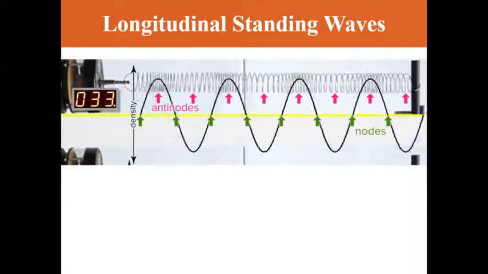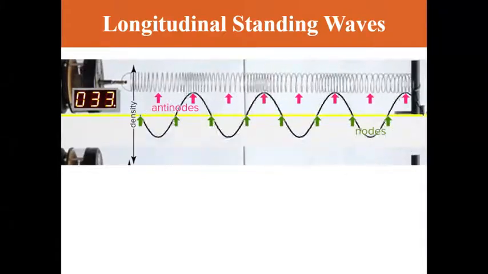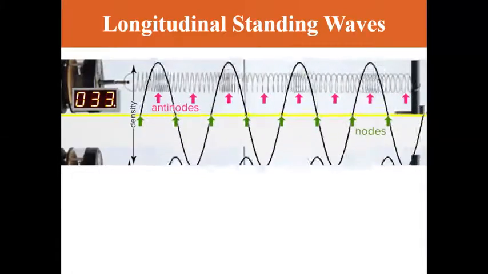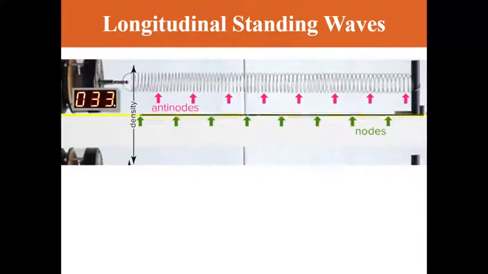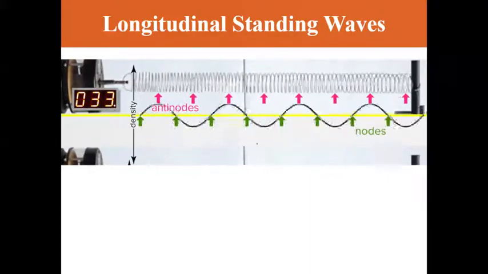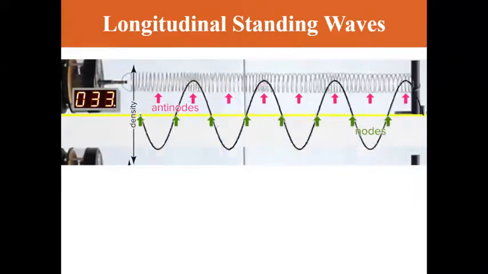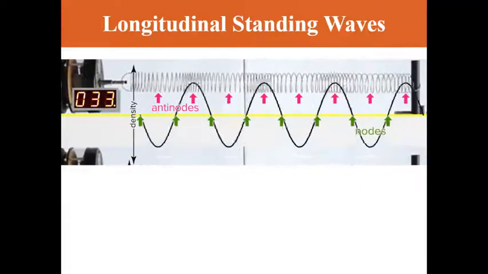And these points occur at fixed points throughout the spring, since this is a standing wave after all, so the nodes remain where they are, and the number of nodes that you have is determined by which normal frequency or fundamental frequency the longitudinal wave is oscillating at.